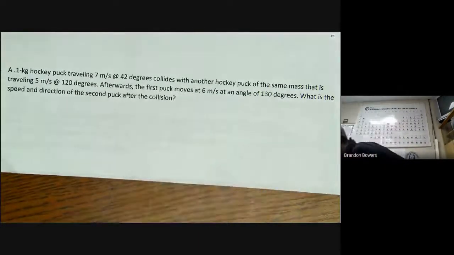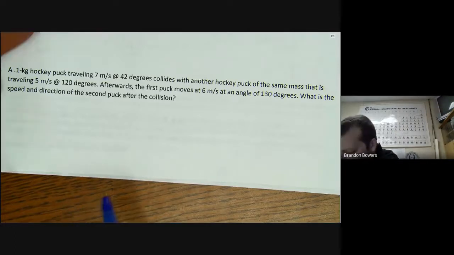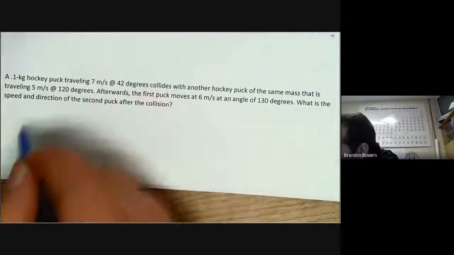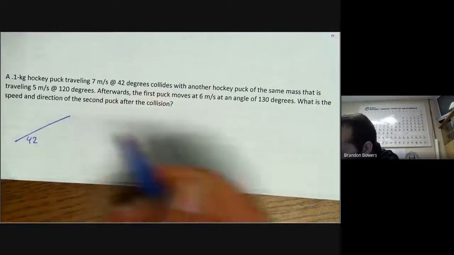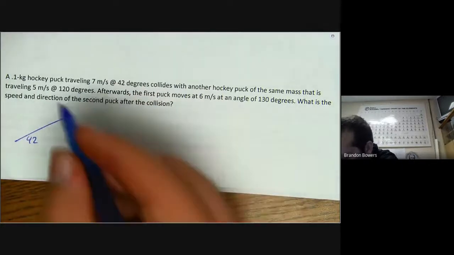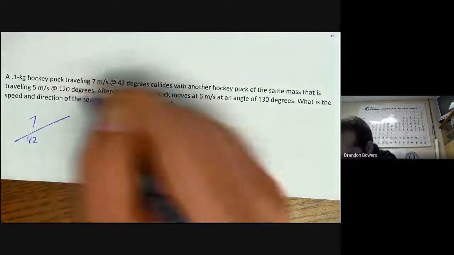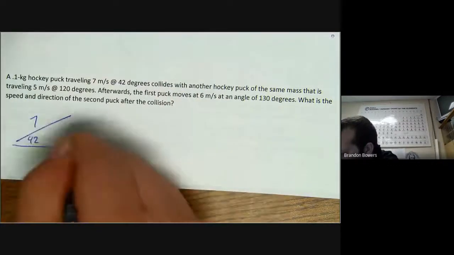Number 9 says a 0.1 kilogram hockey puck traveling 7 meters per second at 42 degrees collides. Once again, it's another problem where we have a 42-degree angle. It's traveling at 7 meters per second. You've got to find your x, you've got to find your y.